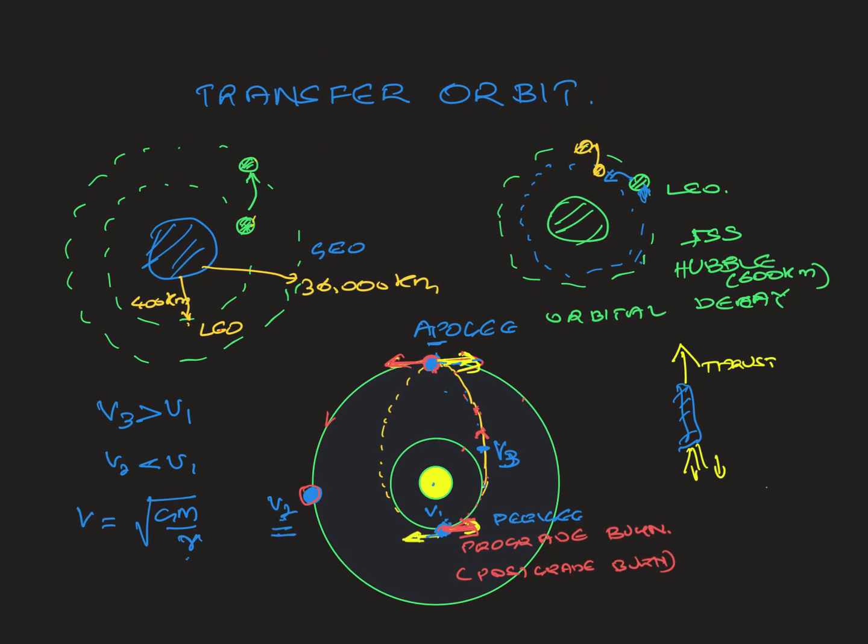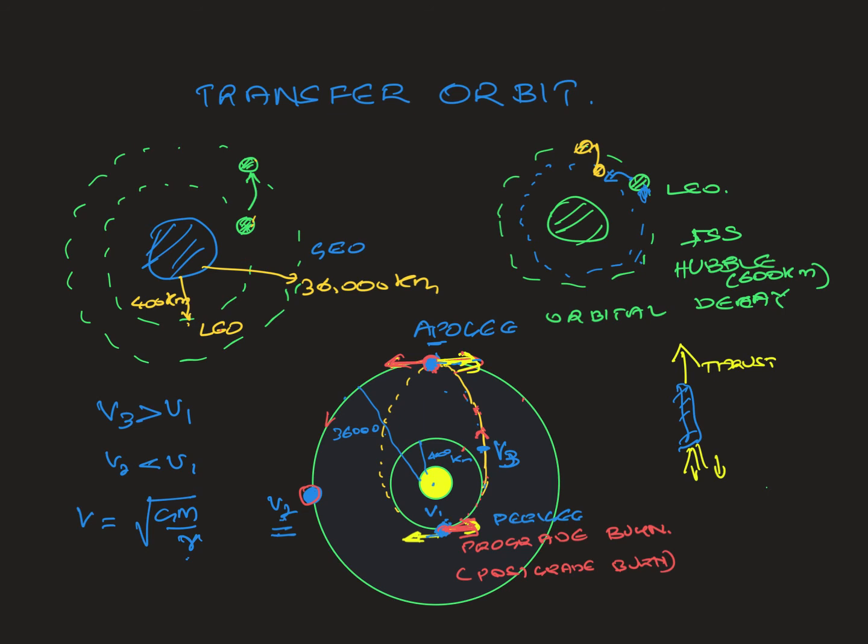If this is 400 kilometers, and that point is 36,000 kilometers, when the satellite moves from here to here, it's traveling a very large distance. So in that distance, the velocity is reduced.